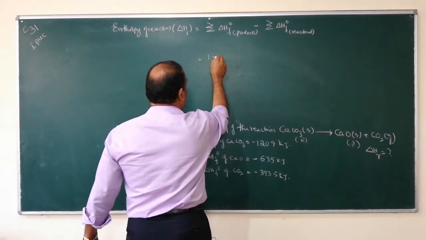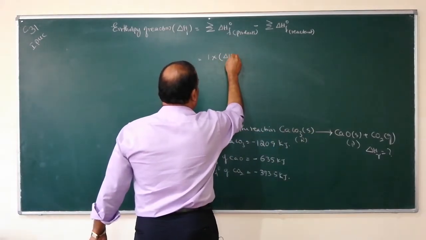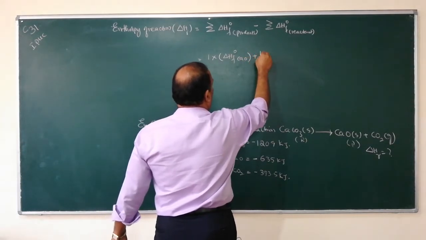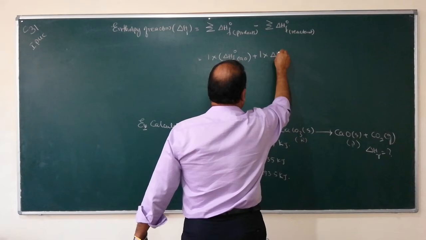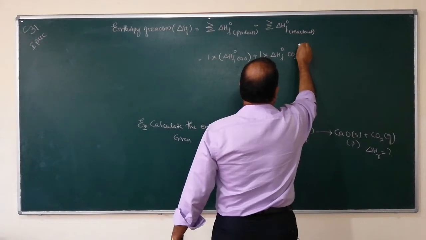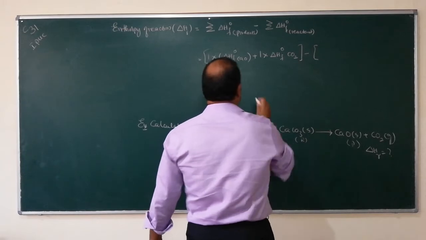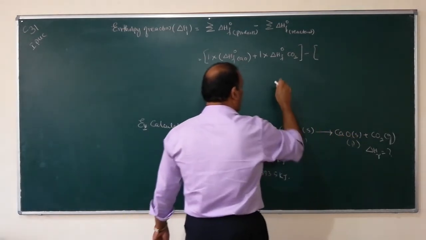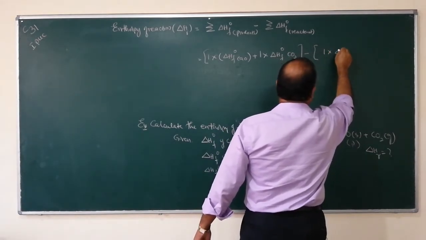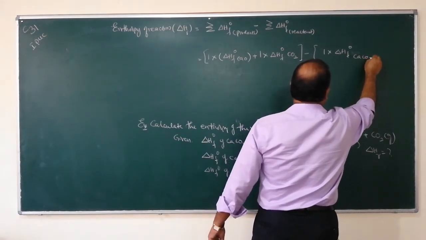It is 1 into delta HF naught of CaO plus 1 into delta HF naught of CO2, minus 1 into delta HF naught of CaCO3.